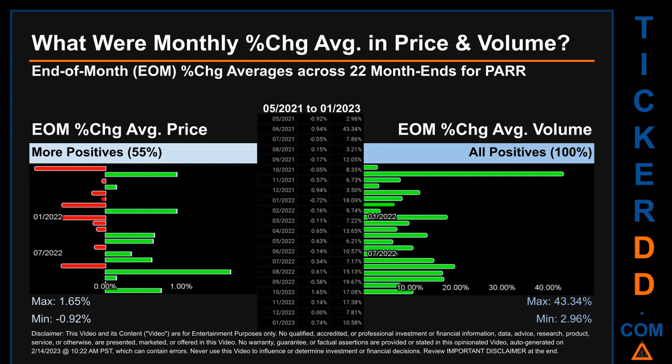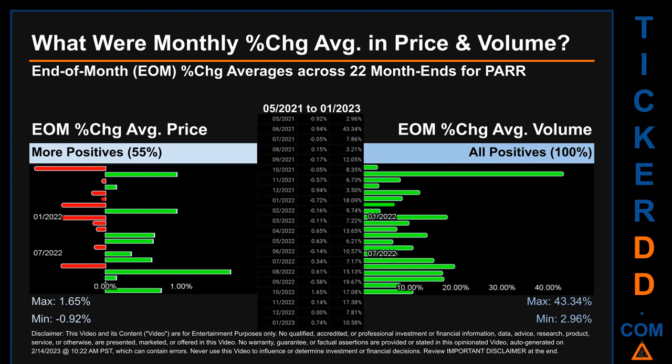What were end-of-month percentage change averages in price and volume for PARR? The monthly average of percentage change, in price and in volume, were calculated for each of the 22 month ends. That calculation took daily percentage changes and averaged them for each given month. If a month end came out negative, then it means that the month summarily saw a negative change.